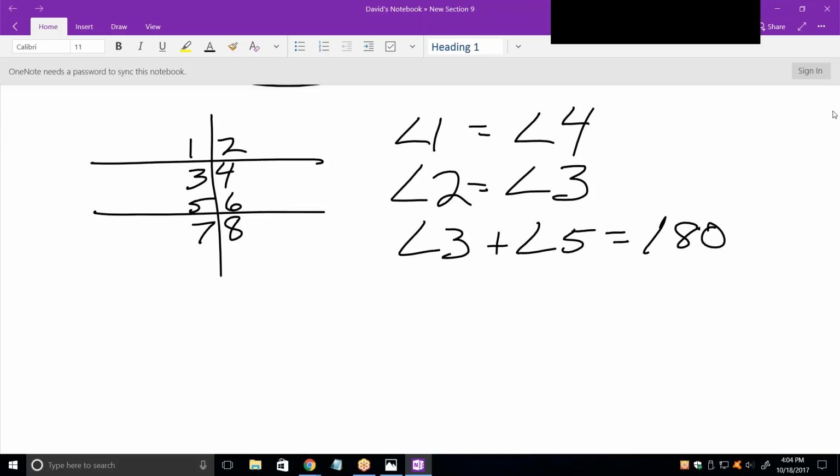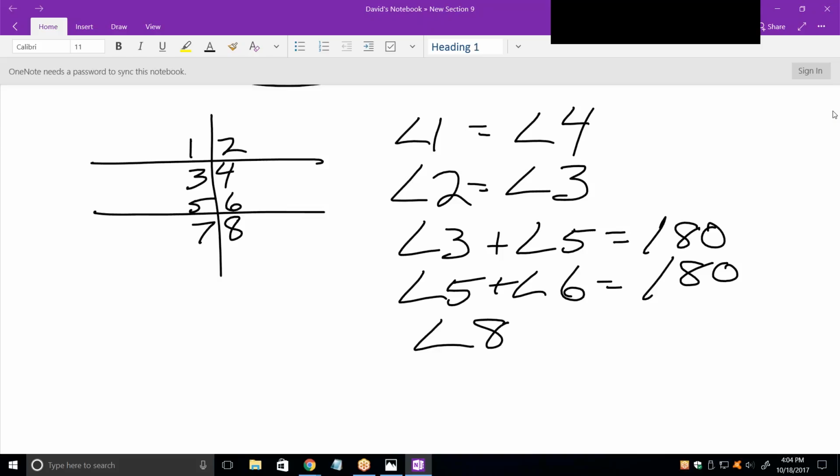Angle 5 plus angle 6 is equal to what? 180. What's angle 8 equal to? Not angle 7, it's supplementary to angle 7. They're side by side. But it's always equal to angle 5 because it's vertical.